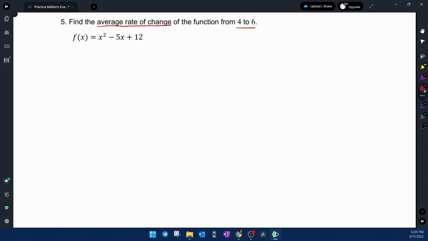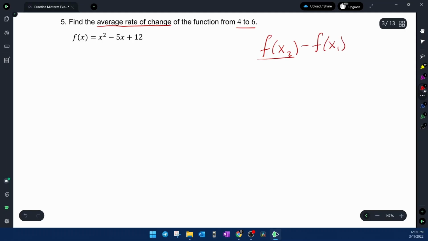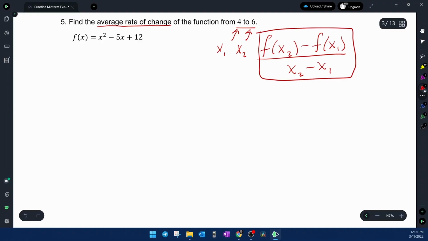Next, number 5, we need to find the average rate of change from 4 to 6. And that means you need the formula for average rate of change. That is f of x2 minus f of x1 divided by x2 minus x1. Now, it doesn't matter which one of these numbers you designate as x1, but I'm just going to choose the first one to be x1. And so 6 would be x2. And then we need to plug into the average rate of change formula.